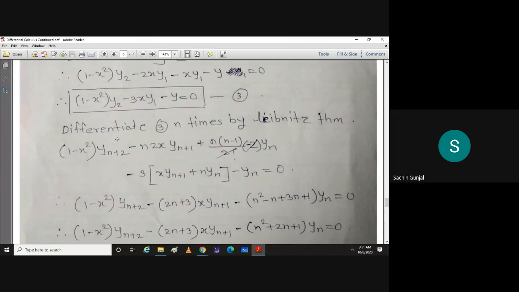So total derivatives of y are n plus 2. Plus NC1, binomial coefficient NC1 is n. Okay. n minus 1 derivative of u. So two derivatives are there plus n minus 1 more derivatives. So 2 plus n minus 1 is n plus 1 derivatives, into the first derivative of v, which is minus 2x. Fine?